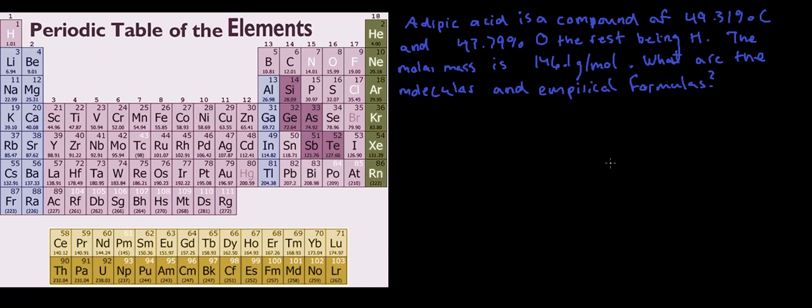Like water, I'm not going to get an oxygen and 2.5 hydrogens, because an element is indivisible. So every time I divide by the molar mass, once I have the grams of carbon that make up that compound, I should get a whole number.